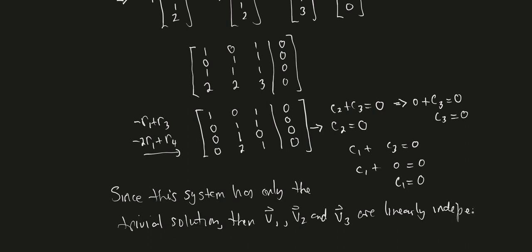So they're independent in the sense that there is no way to combine them together. Even if we try to scale them using any constant, we can't get the 0 vector, right?